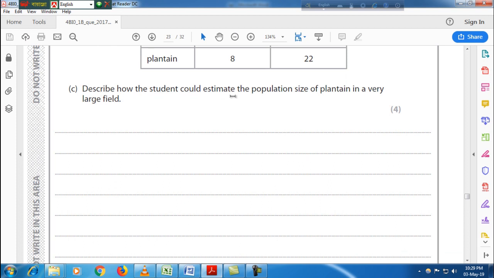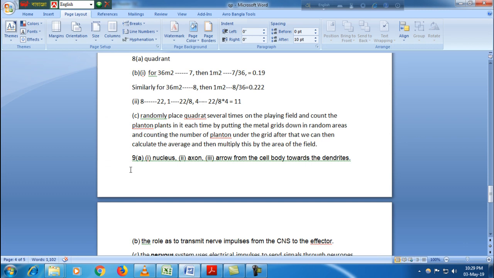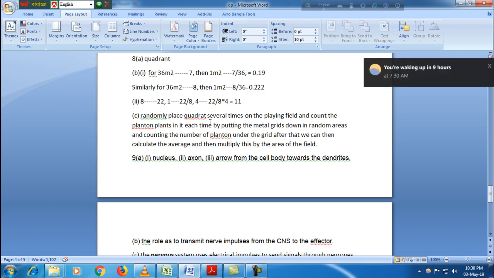Next question, number C. Describe how the student could estimate the population size of plantain in a very large field. The answer is given in the sheet. Check the answer. Randomly place the quadrat several times on the field.